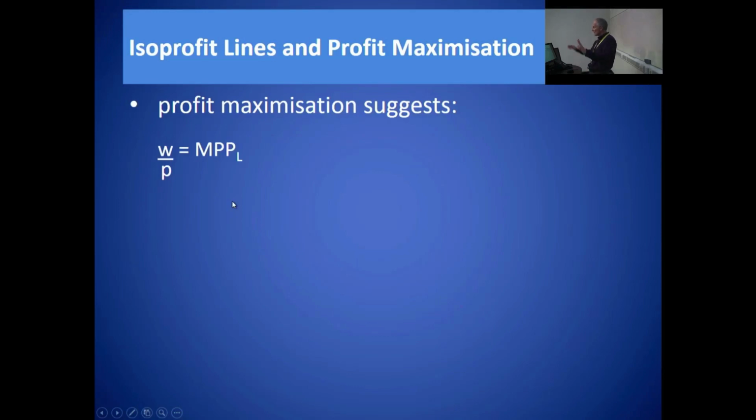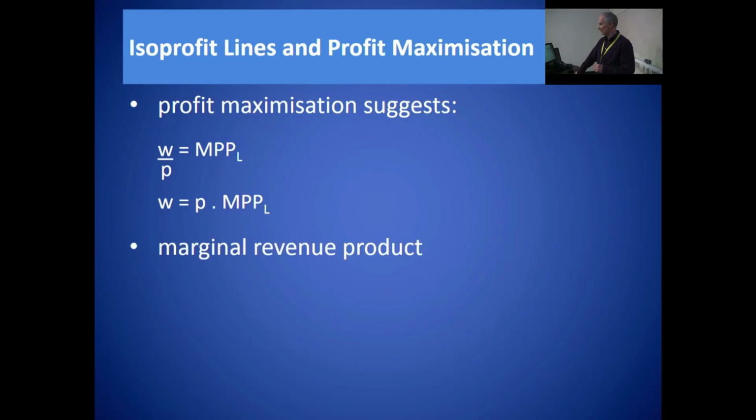And that will always be the case. That is our profit maximising condition. I just want to rearrange it ever so slightly though. I want you to multiply both sides by P. So that gives us W equals P times the marginal physical product of labour. And if you take the marginal physical product of labour and multiply it by price, you get the marginal revenue product of labour.